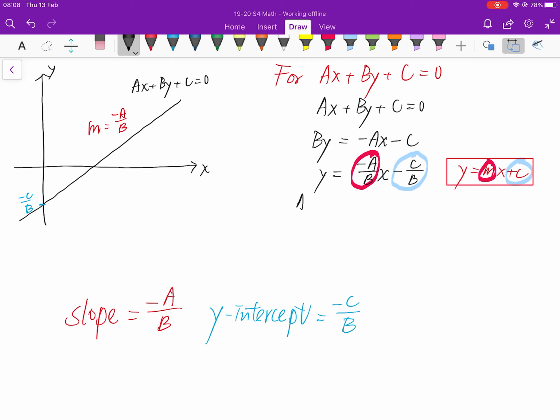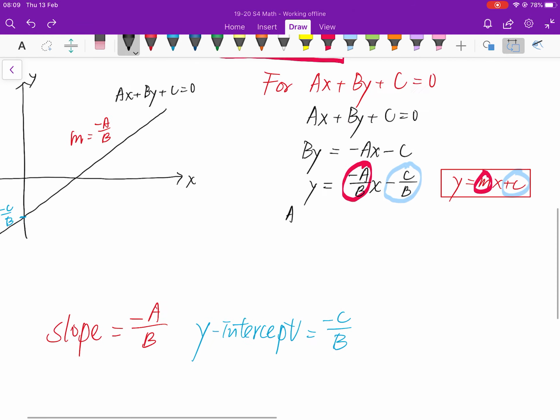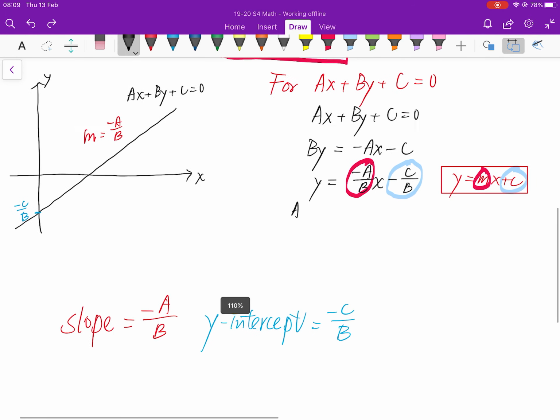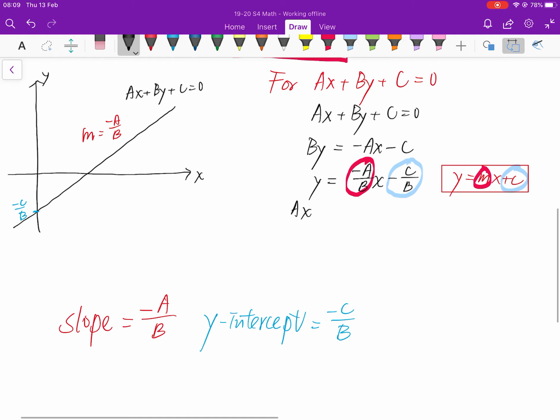And finally, how can we calculate the x-intercept? Again, we will use the equation Ax plus By plus C equals 0. For the x-intercept, we simply put y equals 0. Therefore, Ax plus C equals 0.